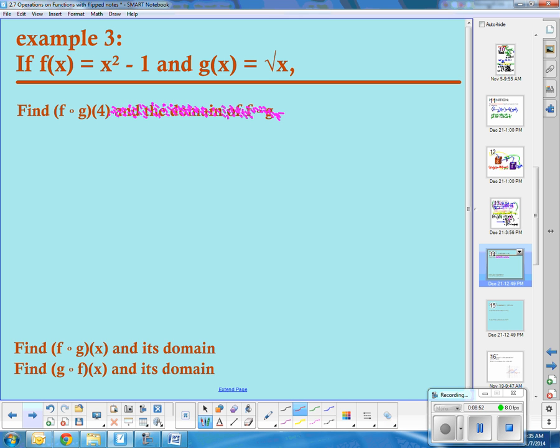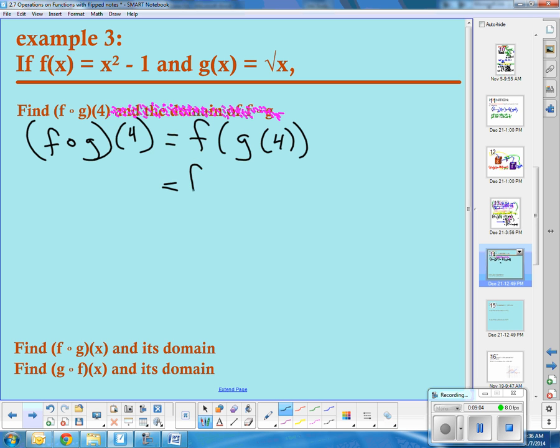And so this would be f open circle g of 4 is equal to f of g of 4. So I need to find g of 4. That's the first thing. Work just like order of operations, working inside out. The function g says take the square root of my input, so that's going to be the square root of 4.